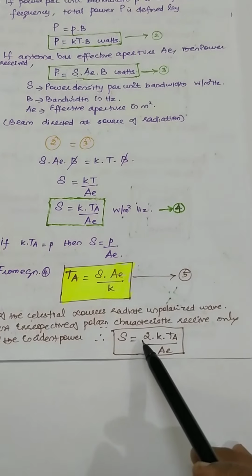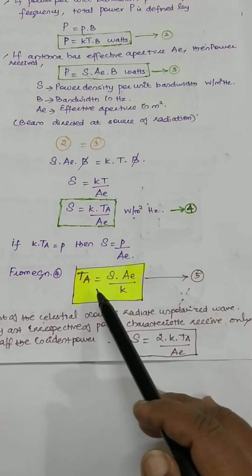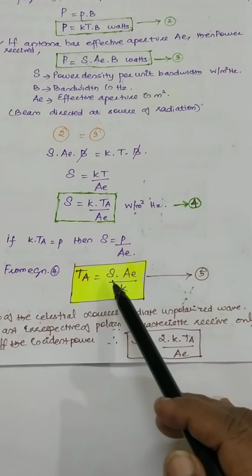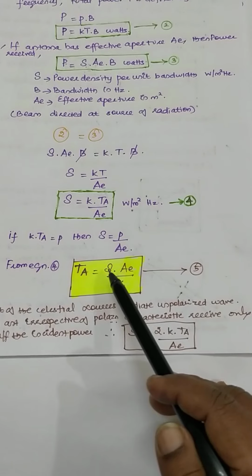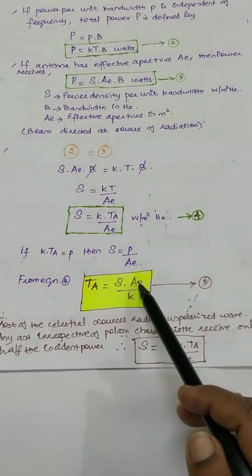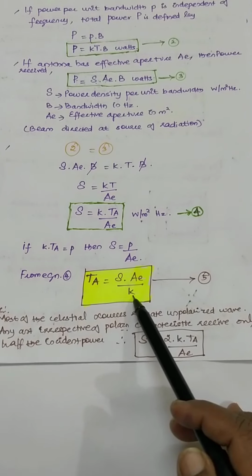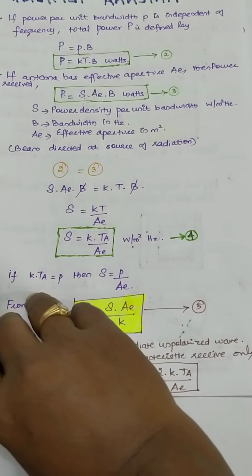So S becomes equal to twice KTA divided by AE. But in general, TA is defined by S of AE divided by K. As we know, S is the power density per unit bandwidth, AE the effective aperture, K the Boltzmann constant. So the antenna temperature is easily identified.